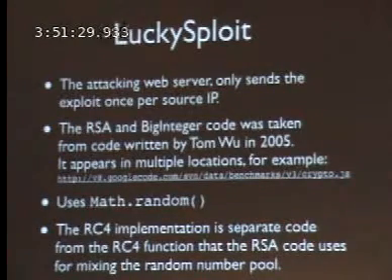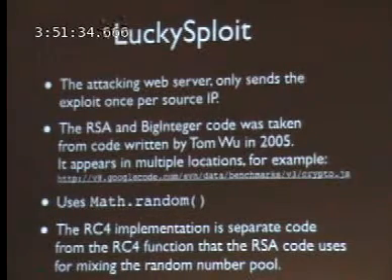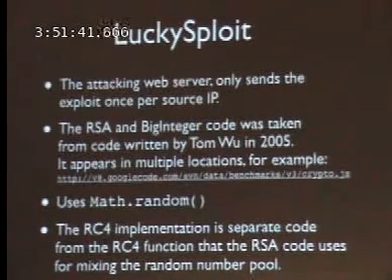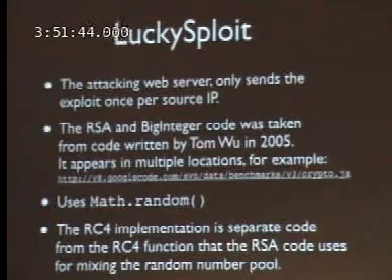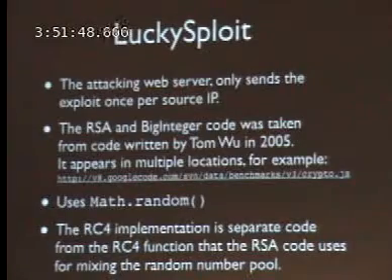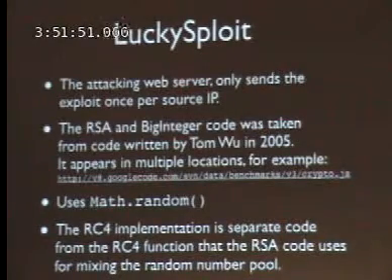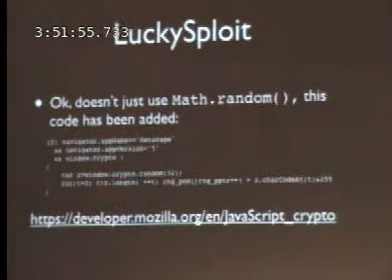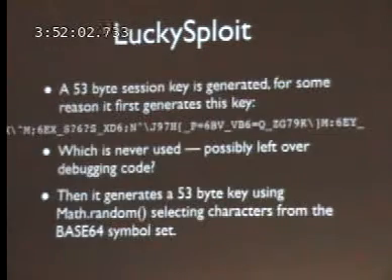And there's actually 2 RC4 functions in it, because in the Tom Wu code there was an RC4 function used just for filling the randomness pool, and then there's a separate RC4 function that the LuckySploit author put in that does the actual crypto of the JavaScript segments. So it's been slightly modified from the Tom Wu code. It may just be based on a later version because it has this function in it.